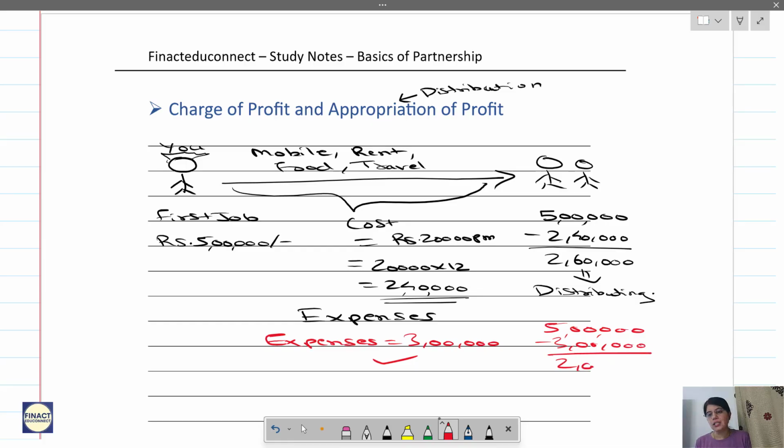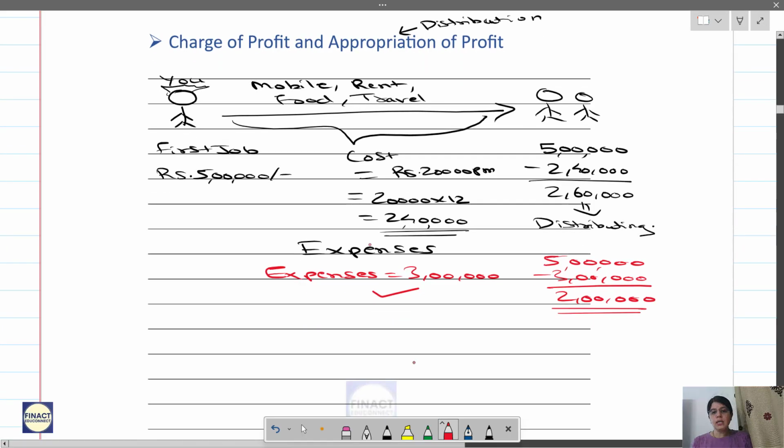this 2 lakhs you will be distributing among yourself as a family, that is you will keep some amount with you, and then the balance you will use to get some gifts for your parents, okay, understood. So understand one thing, this expense of 3 lakhs you have to incur, there is no option.